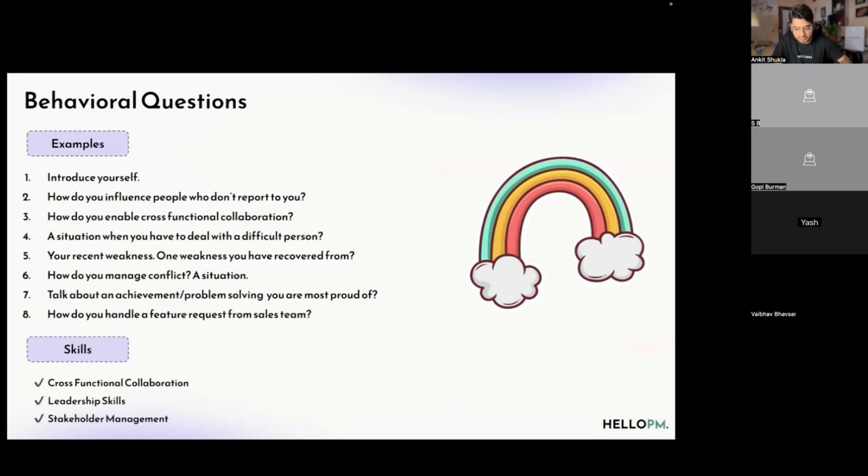Understood. Now let's talk about these questions. Whether you are interviewing for a product manager, a growth manager, a business analyst, or any position, these questions are very common.